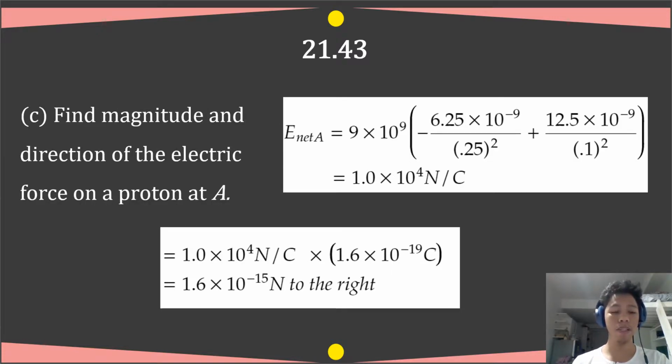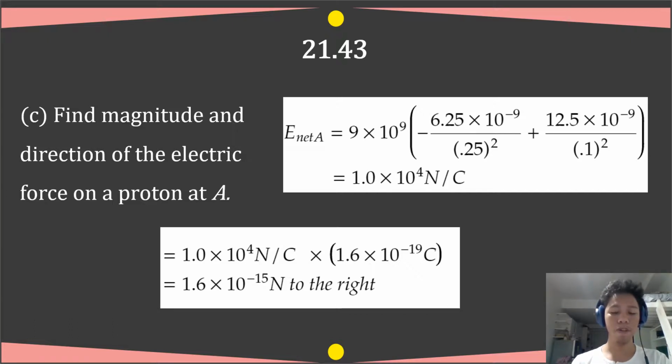Find the magnitude and direction of the electric force on a proton at A. Here, we take what we got from problem A, which is 1.0 times 10 raised to 4 newtons per coulomb, and multiply it by the charge of the proton, which is 1.6 times 10 raised to negative 19 coulombs, in order to get the force or the magnitude.